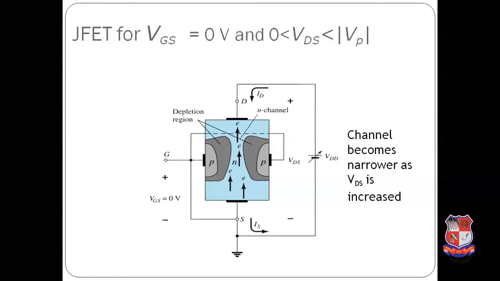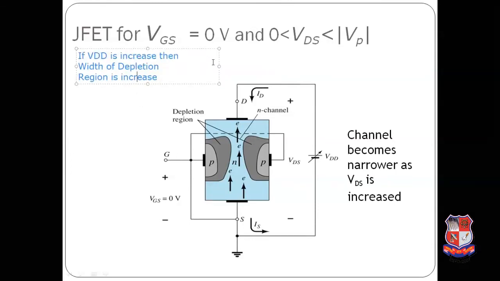See this here. Channel becomes narrower if VGS is increased, VDD is increased.